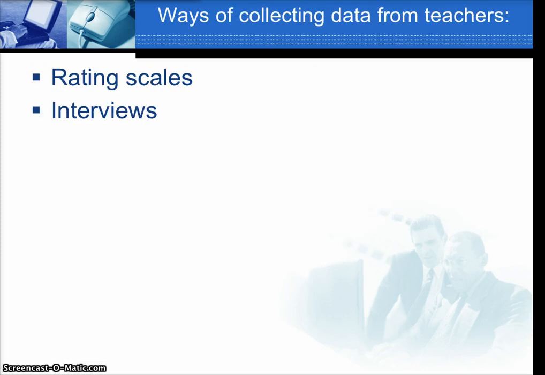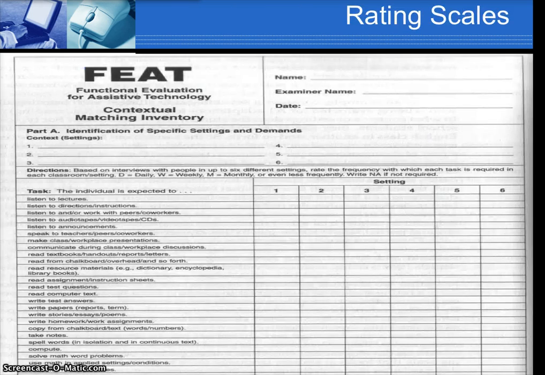We can collect data from teachers in a couple of ways. We can use rating scales. So if we have limited time, we can push paper out for them to fill out. And we can also use informal or formal interviews. So here's a rating scale. And this is, again, the contextual matching inventory, the functional evaluation of assistive technology.